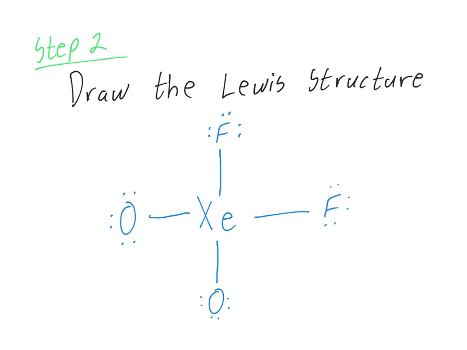Also, since xenon is in group 8 in the periodic table, you would have to include 2 more electrons, which makes it a lone pair on xenon.